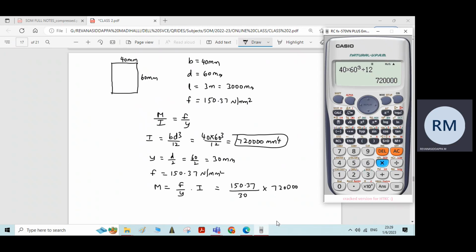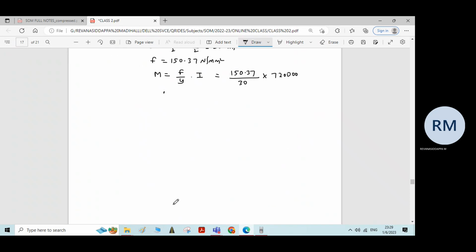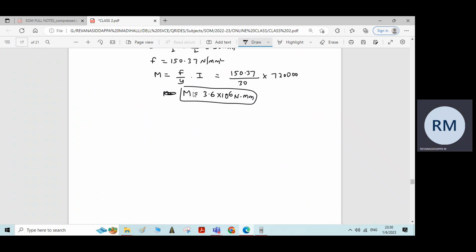Okay, so into 150.37 divided by 30. Answer is 3.6 into 10 power 6. M is equal to 3.6 into 10 power 6 Newton millimeter.